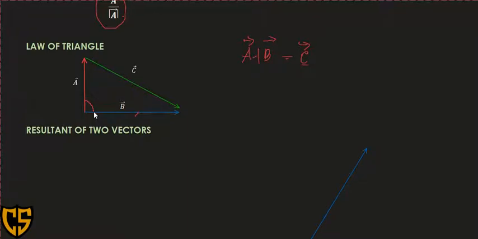So, what is the formula in order to find the value or any values in your cosine law?